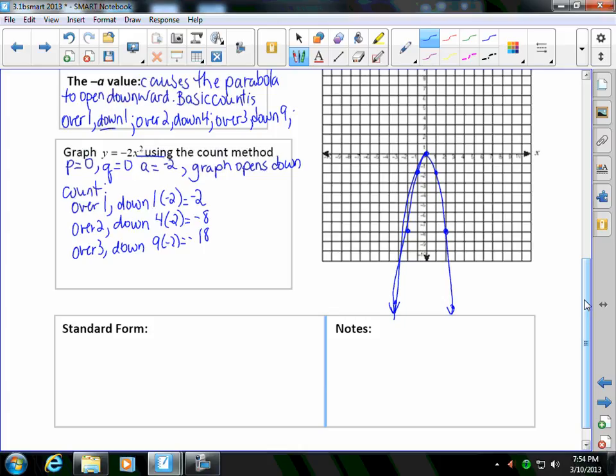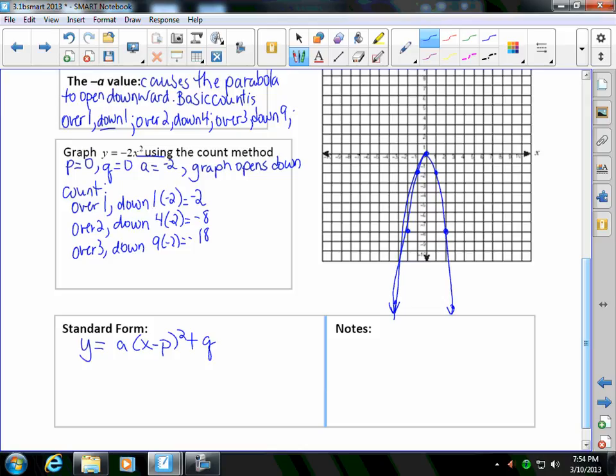So for a graph to be in standard vertex graphing form, the equation looks like this. y is equal to a times x minus p squared plus q. Our a can be positive or negative, the p can be positive or negative, and the q could be positive or negative.